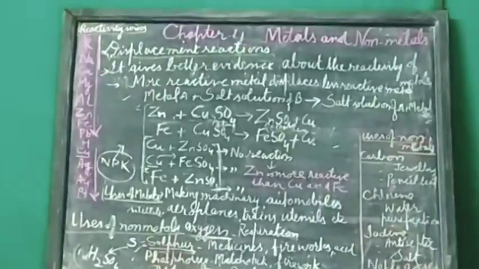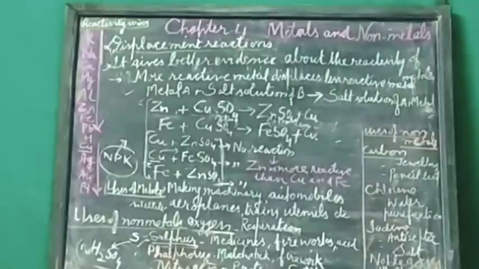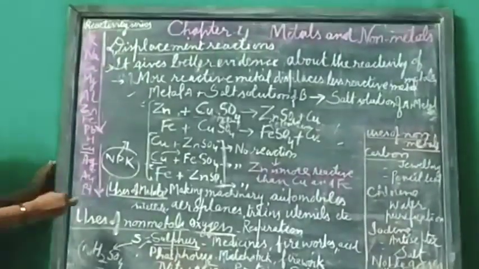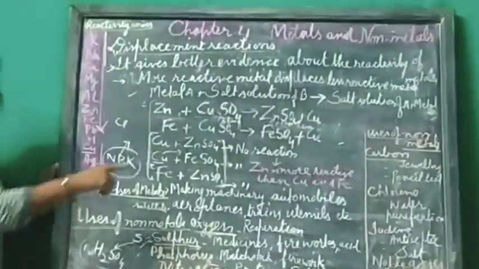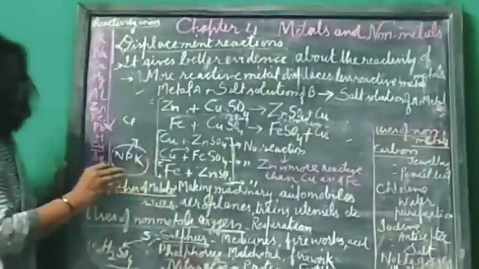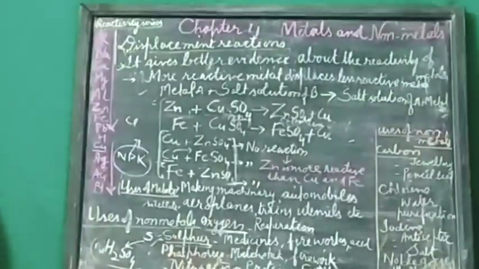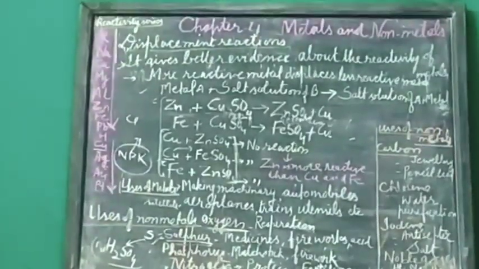Next is chlorine. You can see here chlorine. Its symbol, you know very well. It is a bleaching agent. Bleaching means it will remove the color. That's why it is used in textile and paper industries.